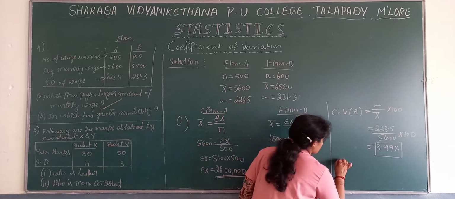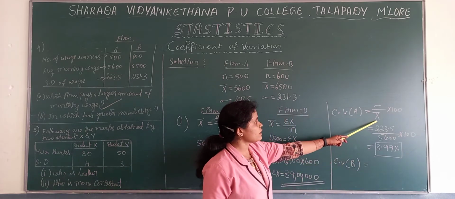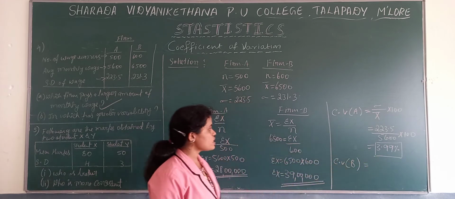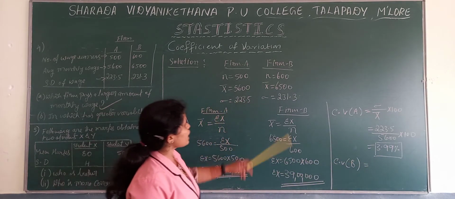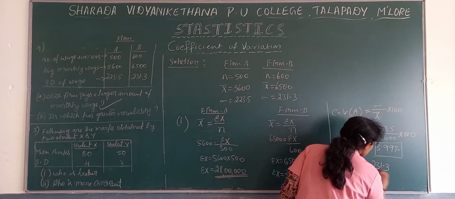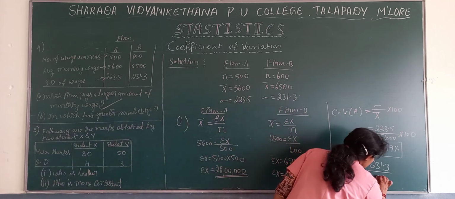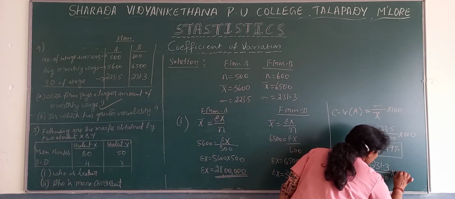Then CV for B, the same thing, no need to write the formula once again. Standard deviation we have 231.3 divided by your mean value 6500, into 100.